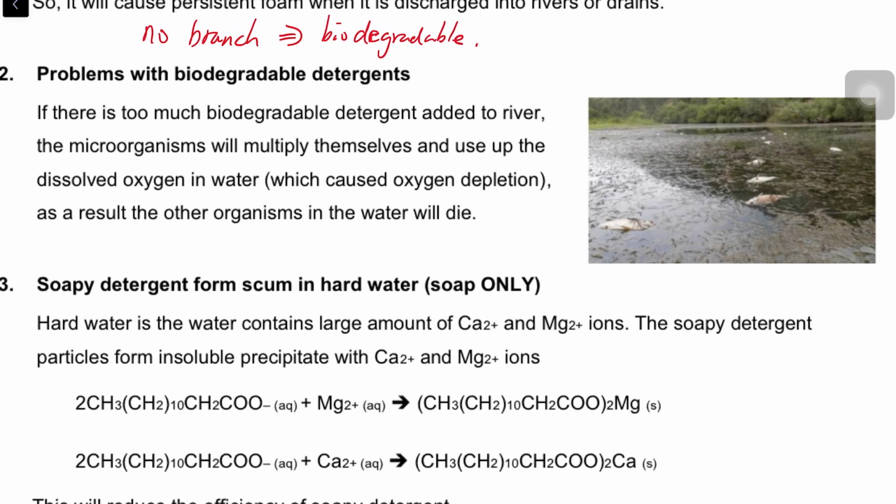While the microorganisms work, they will consume the dissolved oxygen in water. As a result, because the dissolved oxygen in water is used up by the microorganisms, the other organisms in the water or any marine life will die because they don't have any oxygen supply.